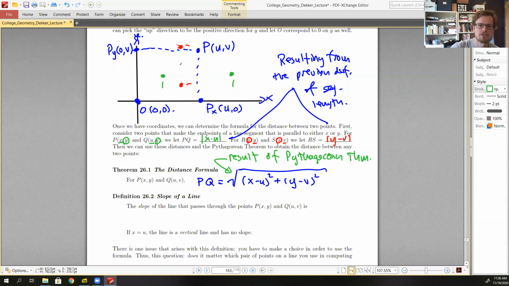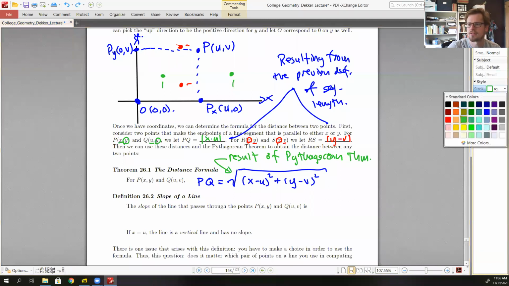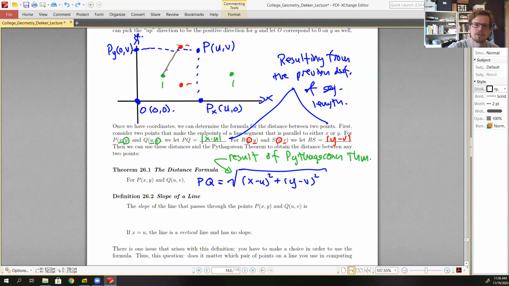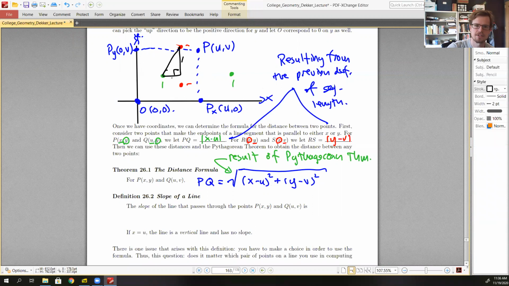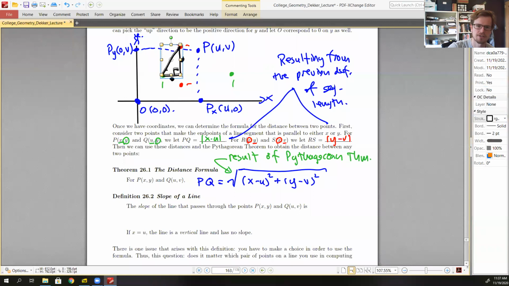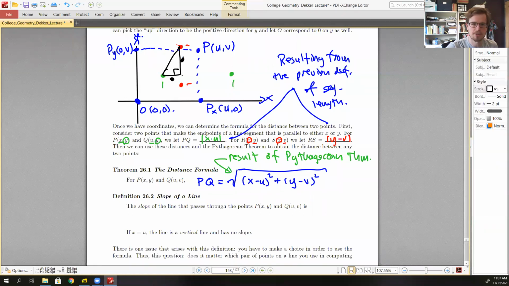If we have 2 points, say we wanted to look at the distance between these two, we can think of the right triangle, and then we're just looking at that length there, and the Pythagorean theorem gives us that. And of course these distances, that one and that one, are given by what we've previously defined. So that all works out quite nicely. Excellent.